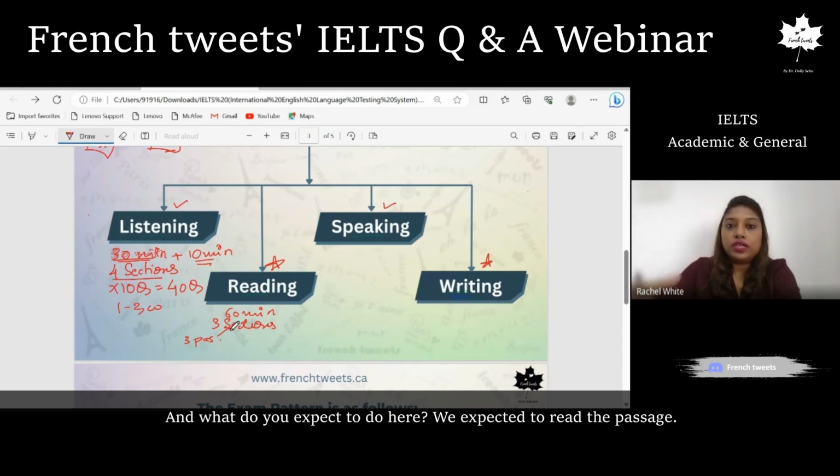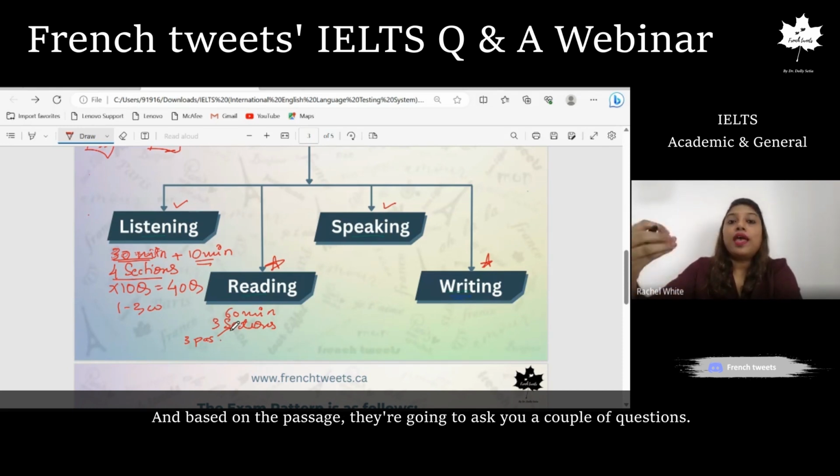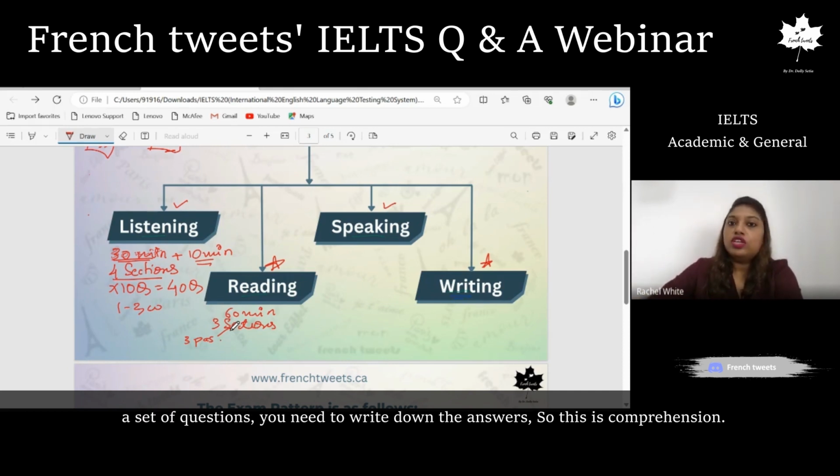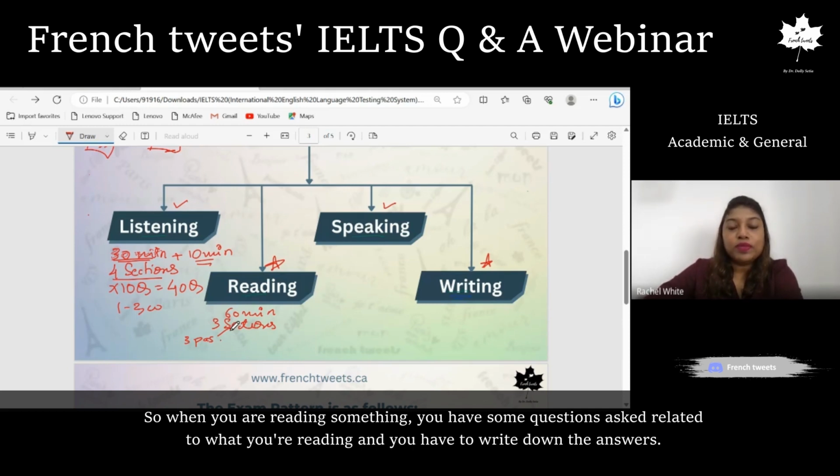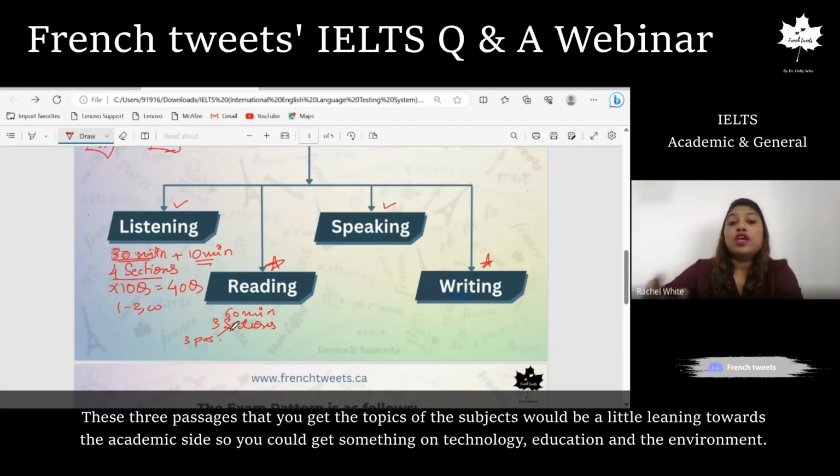You're expected to read the passage, and based on the passage, they're going to ask you a set of questions. You need to write down the answers. So this is like comprehension. You're reading something, you have some questions asked related to what you're reading, and you have to write down the answers. Now, the topics or subjects of these 3 passages would lean a little towards the academic side.